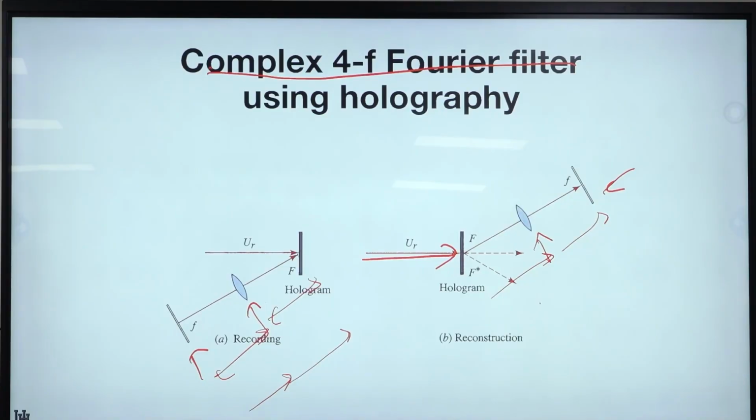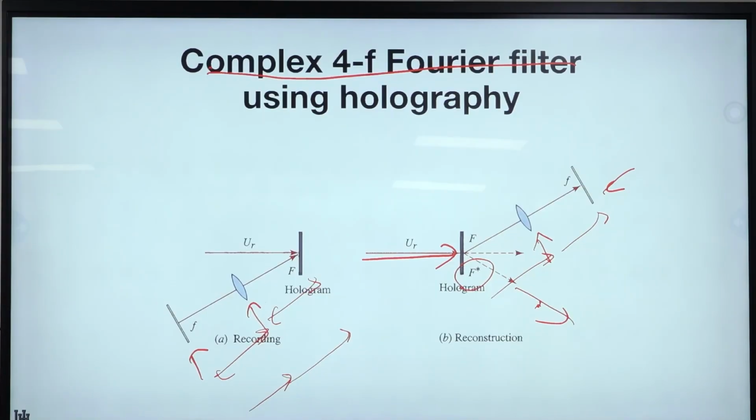But if you don't put a lens on this side for the conjugate part, you can let it go, because it's in the Fourier domain, so you will not see it like an object. Only the second lens will make a real object out of the first one, but you will ignore the second part.